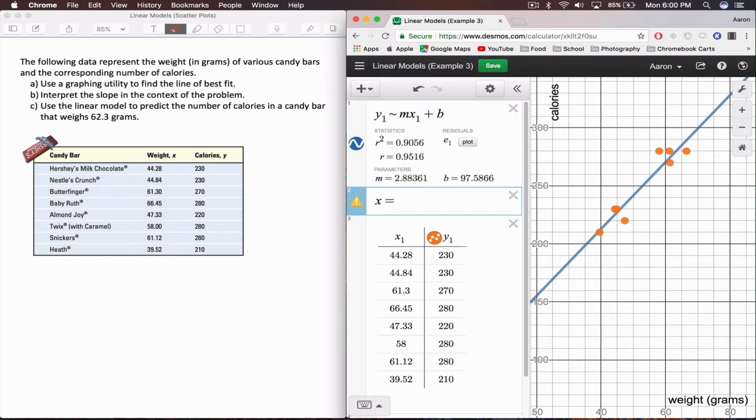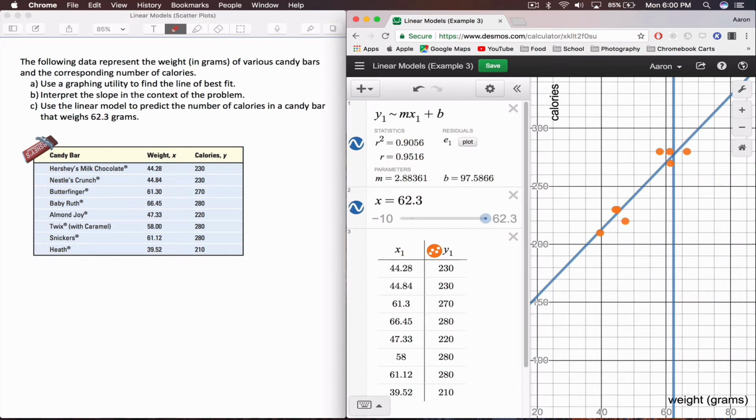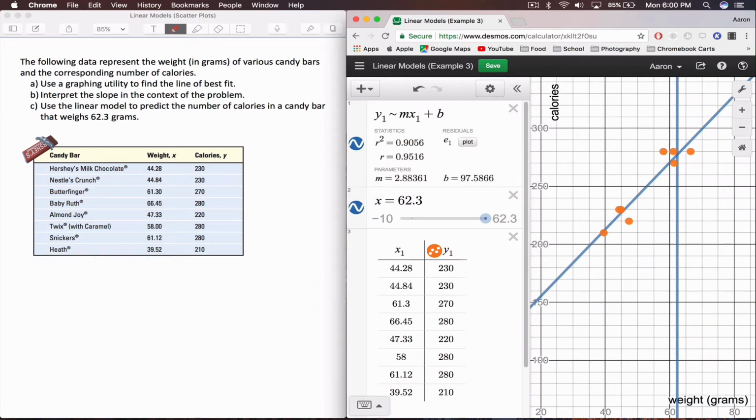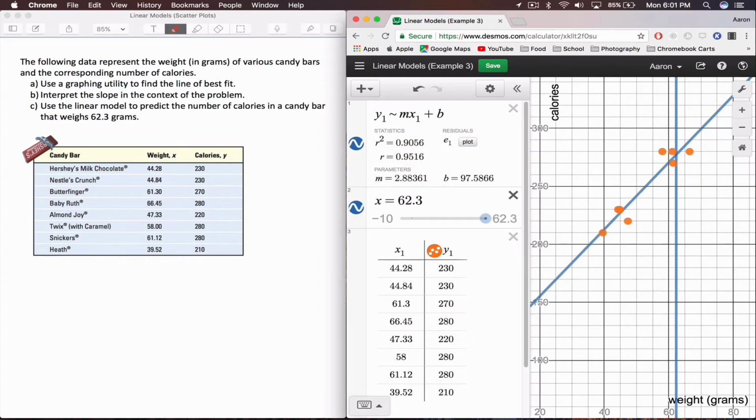So we have X equals 62.3 there. If we look at this point of intersection, we see that a candy bar that weighs 62.3 grams will have 277.24 calories. So roughly 277 calories. So that's how you use a line of best fit to estimate values in your given problems, right?